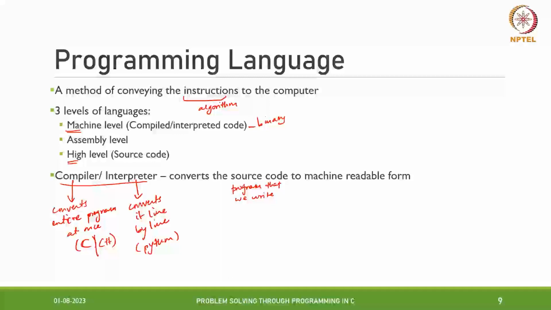Okay, and then you have the assembly level language, which is kind of a middle ground, but more towards the machine. It is a bit more biased towards the machine level. So it allows you a lot of functionality if there is some programming where you have to manipulate or connect to hardware directly. So assembly level languages are usually used for that, but these days you have many other languages which are slowly replacing them.